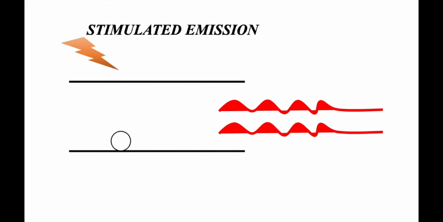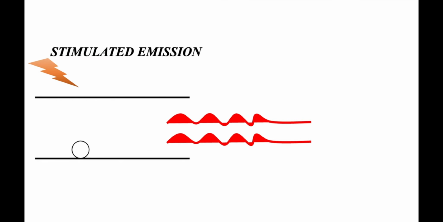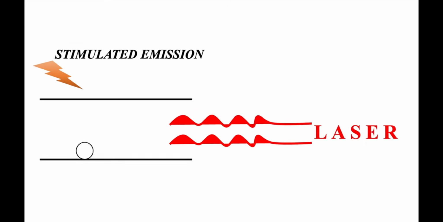One is from the stimulating energy, and the other is from the energy the electron held while in the excited state. Ultimately, we get single color light, nothing but monochromatic laser light.